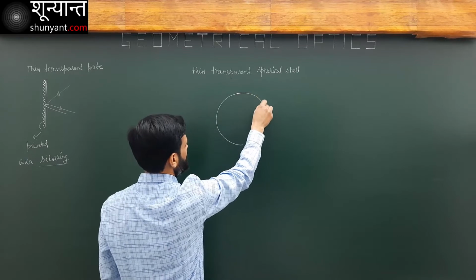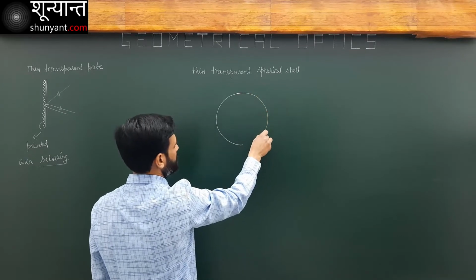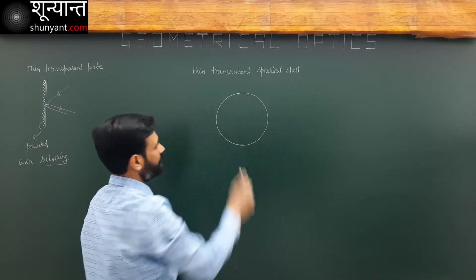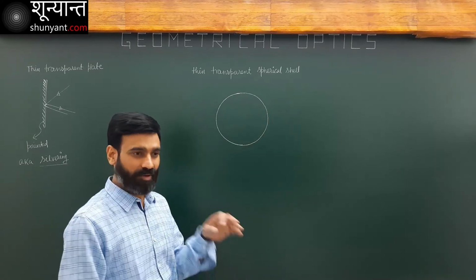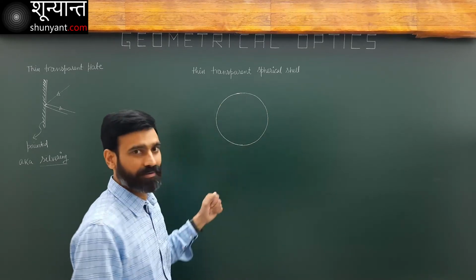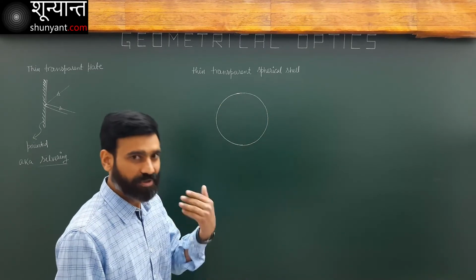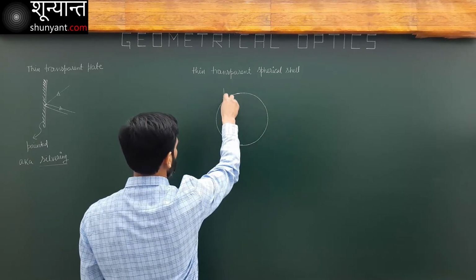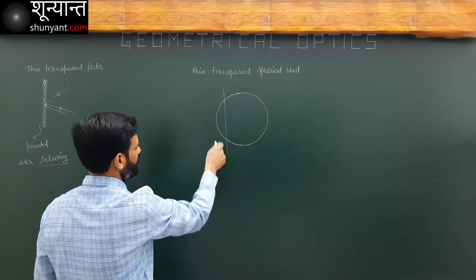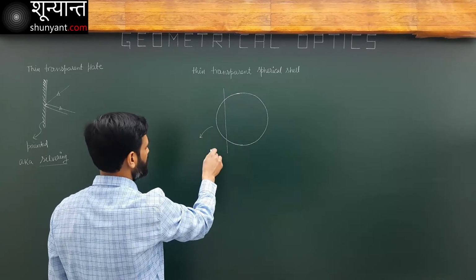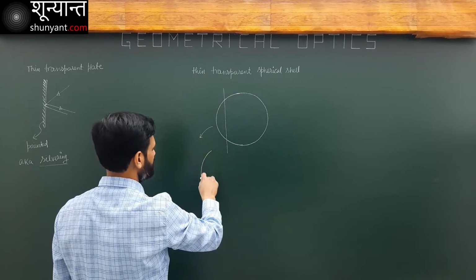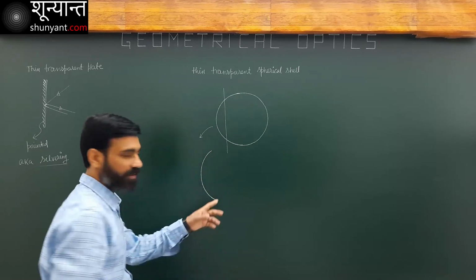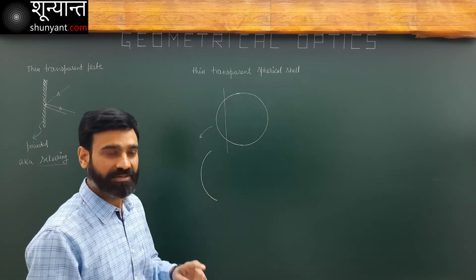So this is my spherical shell. Now I cut it, I take out some portion of it. I cut it with a knife, let's say, or with a plane here. If I cut it, I will get a surface like this. This will be a spherical surface having the same radius.